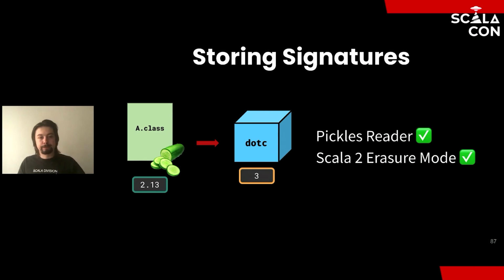So the Scala 3 compiler with binary version 3 can read the binary version of A.class with 2.13, because it can understand those pickles, and we have a special mode for turning Scala 2 types into JVM bytecode.